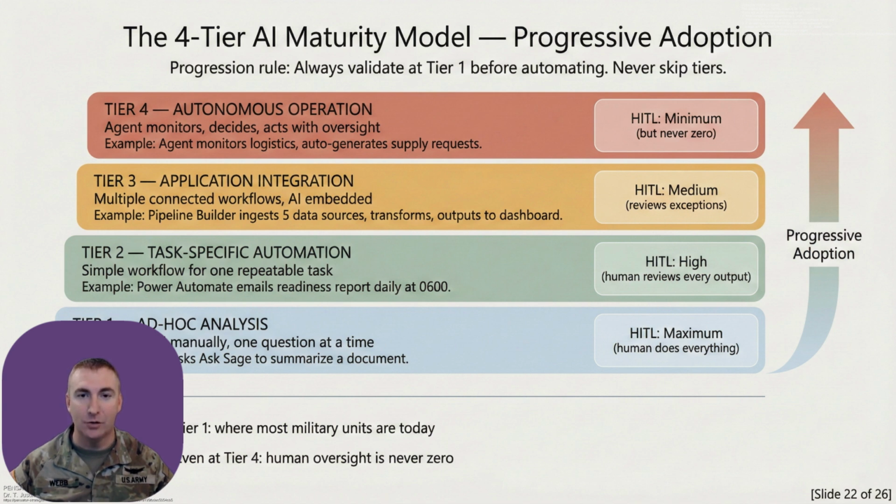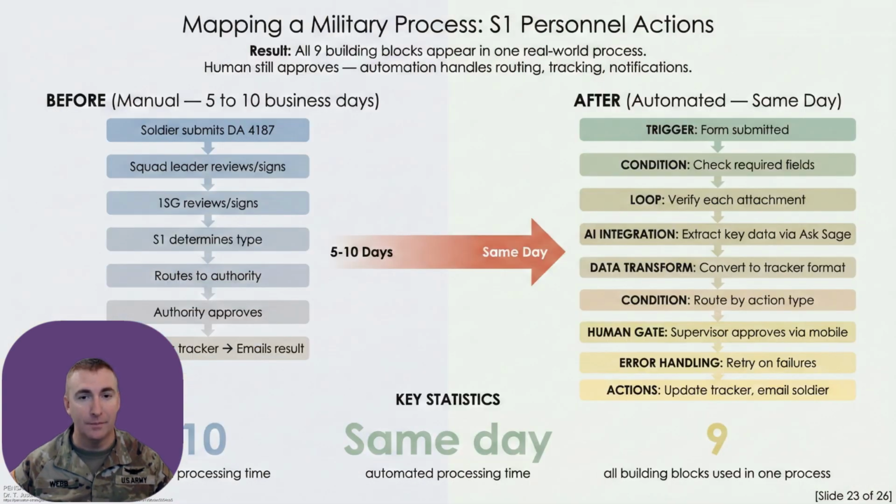So what does this look like applied to a real process? Before, 5 to 10 business days. Paper form to squad leader, to first sergeant, to S1, to the approval authority, back to S1, update the spreadsheet, email the result. After, same day.